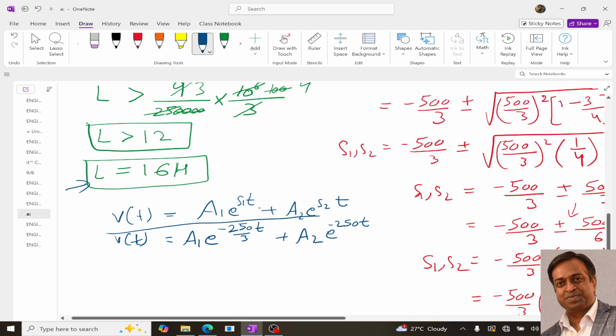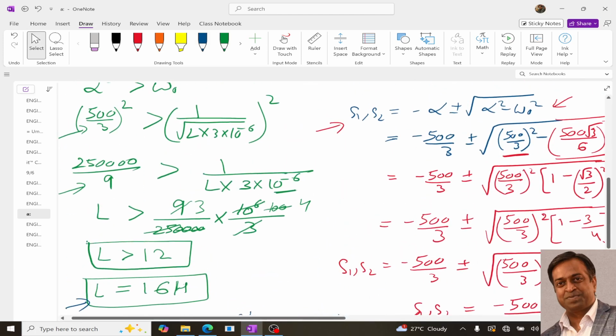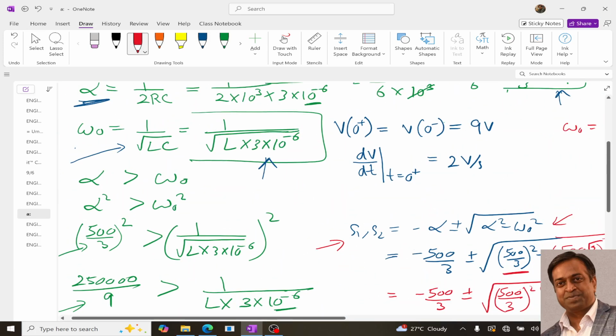So this is our equation. But now over here we need to determine A1 and A2, and A1 and A2 can be determined using the initial conditions, these conditions.